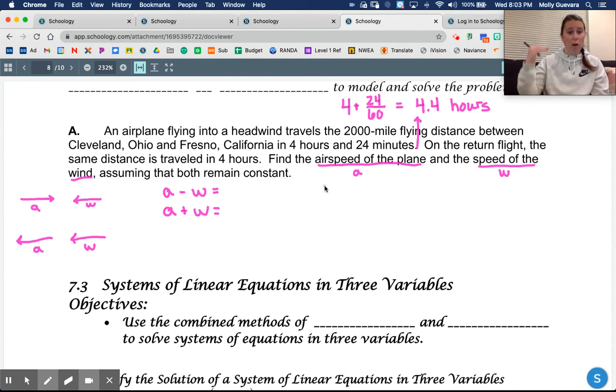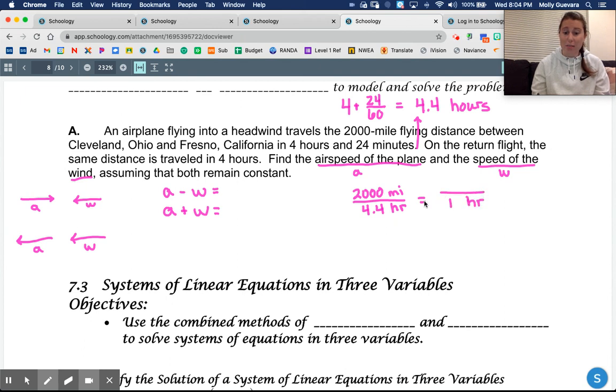Okay, so let's go from Cleveland to Fresno. I know that it was 2,000 miles in 4.4 hours, right? Miles per hour. But I don't want 2,000 miles per 4.4 hours. I want this to be 1 hour, right?